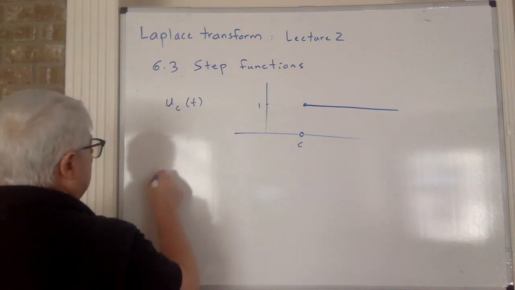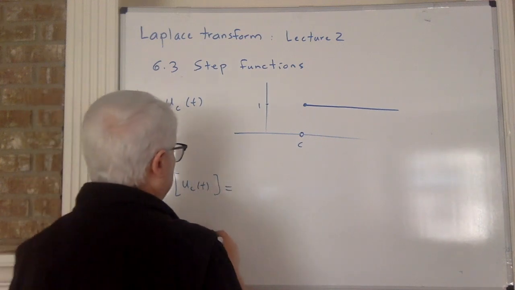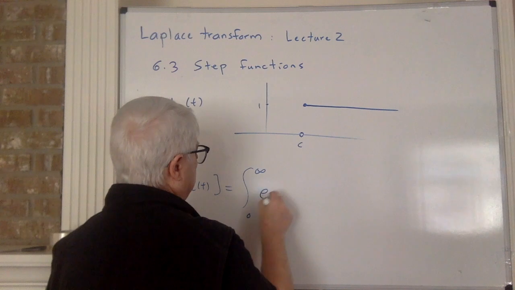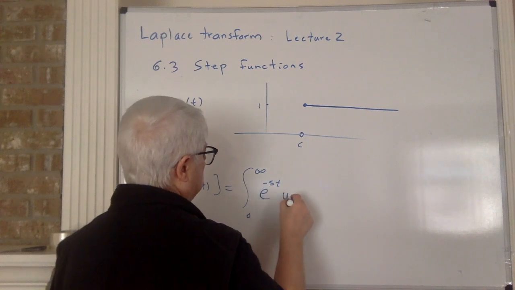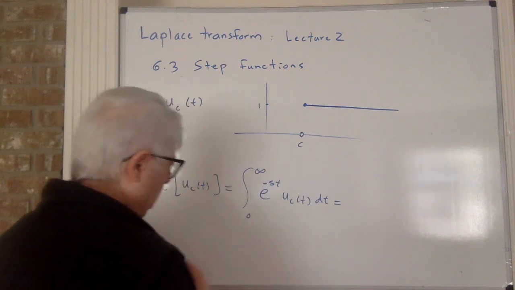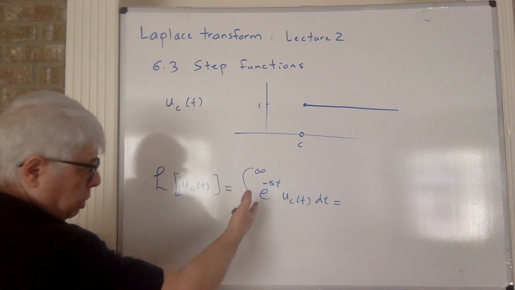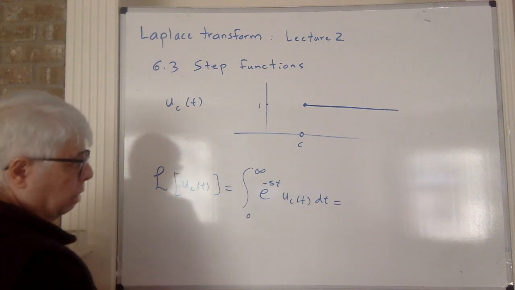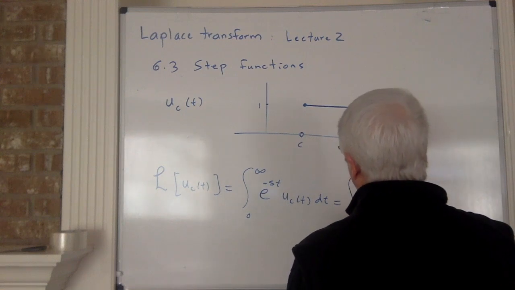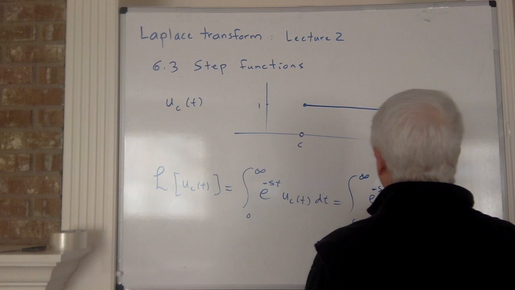L of u_c(t). Remember, the Laplace transform was the integral from 0 to infinity of e to the power minus st times u_c(t) dt. Well, this function is 0 up to point c. So it's 0 times this, and the integral of that is 0. But it starts at c. So it is from c to infinity, e to the power minus st times 1 dt.